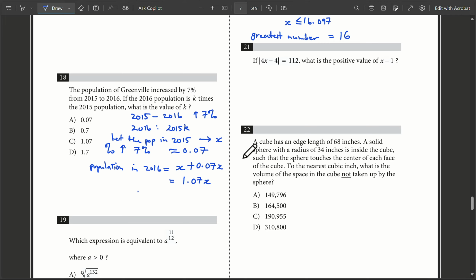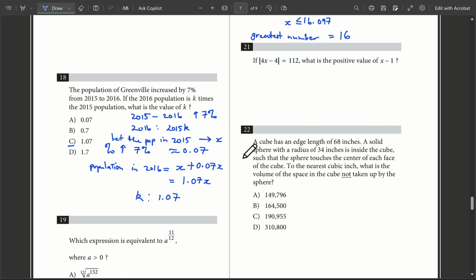So that gives us K equivalent to 1.07. Okay, so that would be the value of K. This is the constant, the value that we're looking for. So that is 1.07, and that is C.